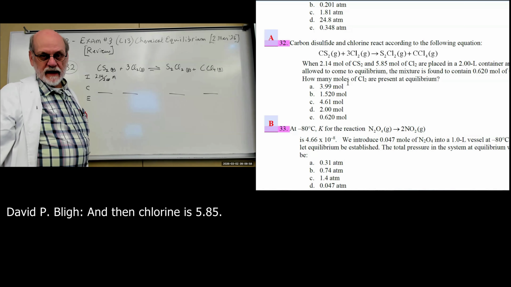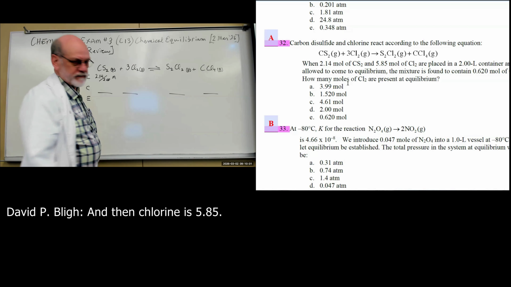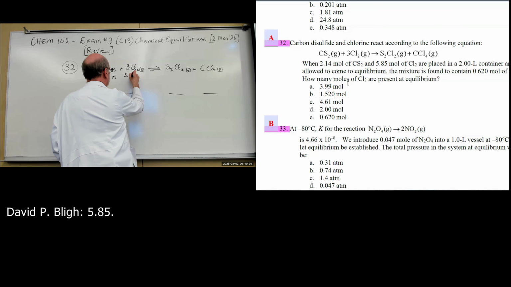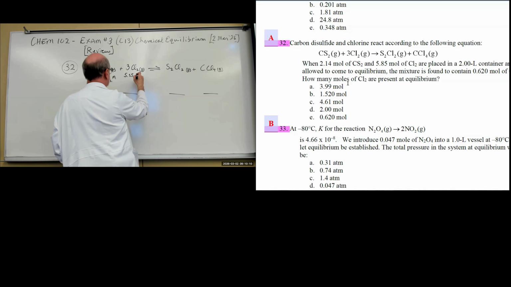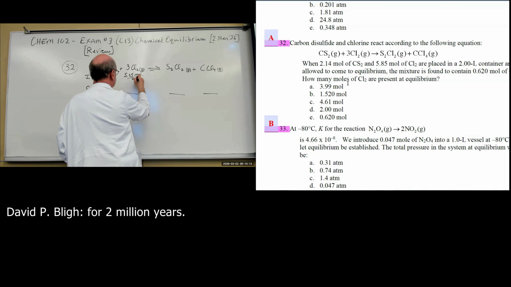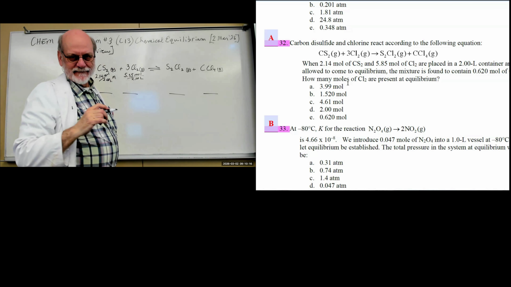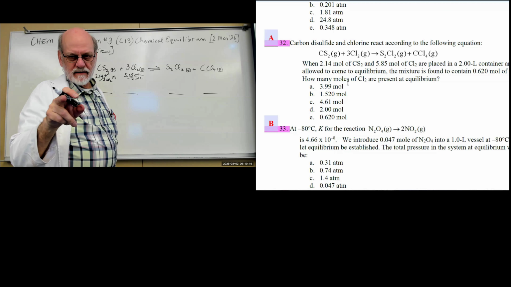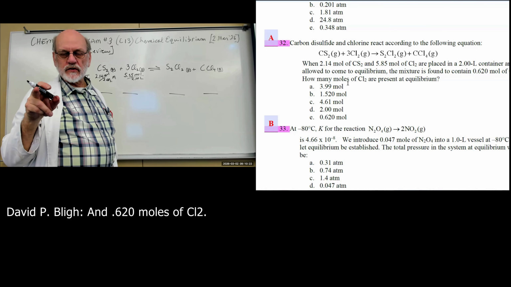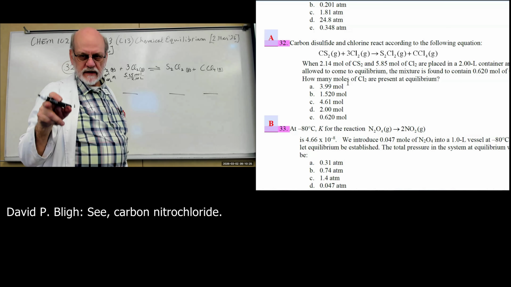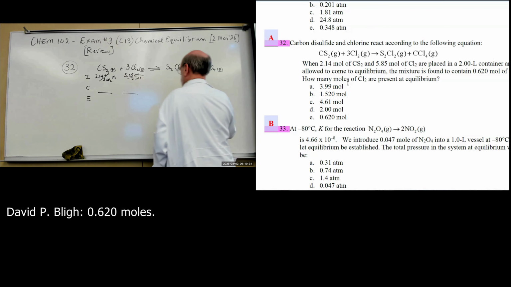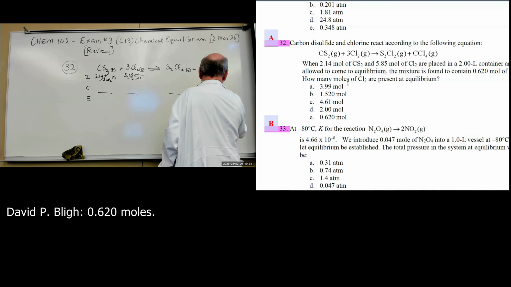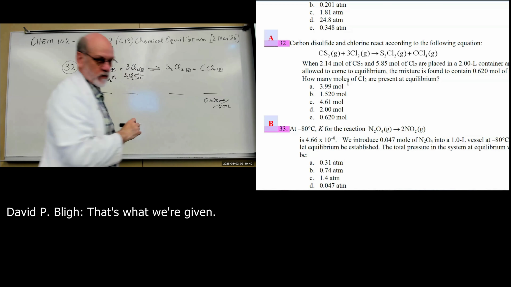Then chlorine is 5.85 moles per 2 liters. And 0.620 moles of carbon tetrachloride, still in 2 liters. That's what we're given.